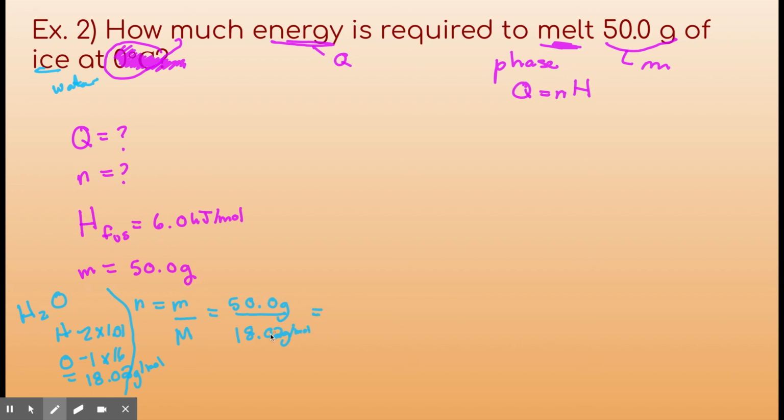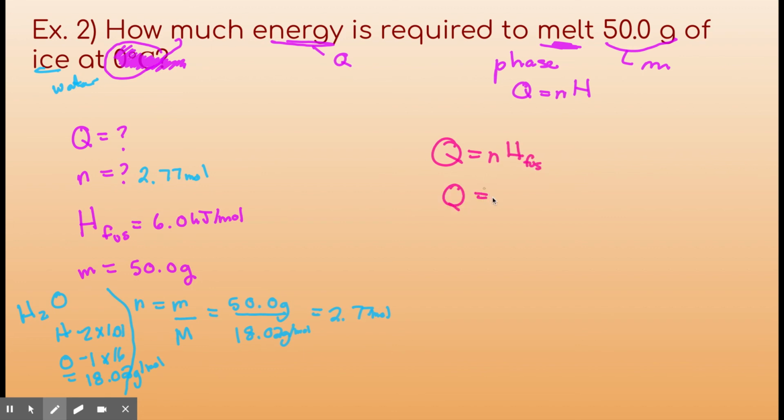Mass divided by molar mass, and you should get 2.77 moles. So now we have all of our required information to complete the question. So Q formula is equal to n times H fus.